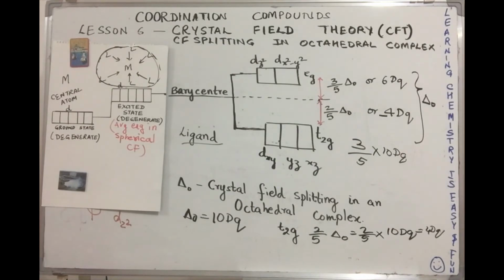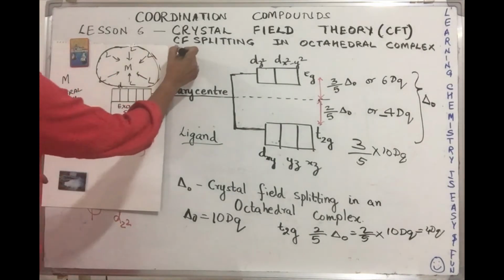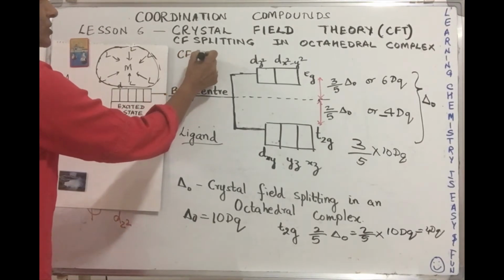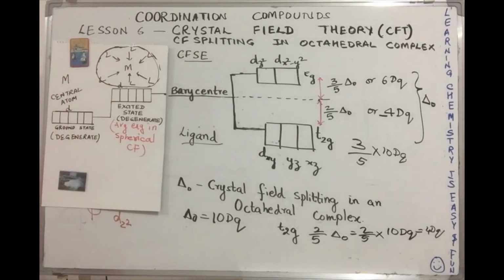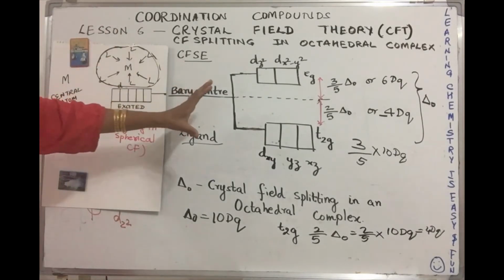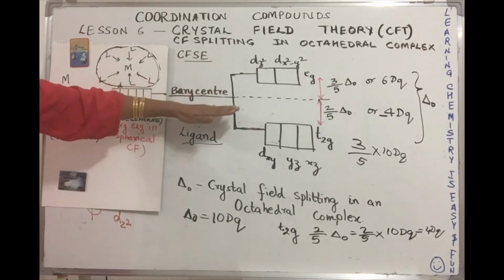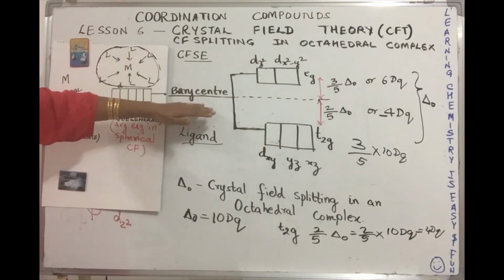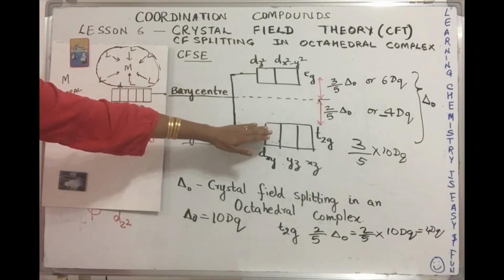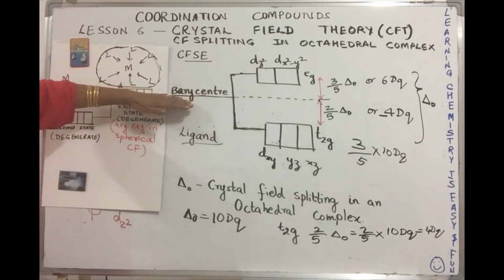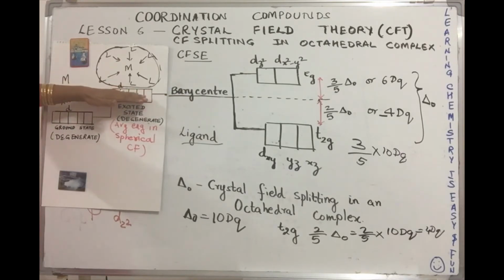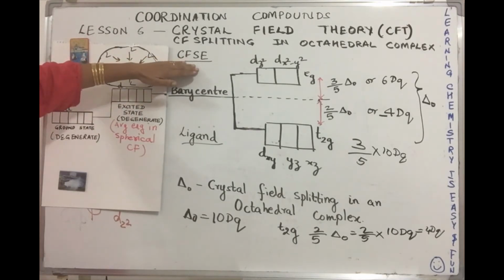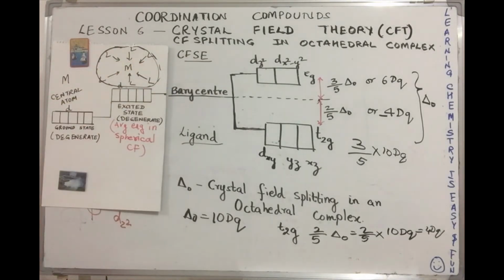What is this CFSE? Crystal Field Stabilization Energy. The difference in this energy of the split orbitals, or the orbitals in the presence of the ligand, from the state where they are all degenerate and all are of equal energy is what we call crystal field stabilization energy.